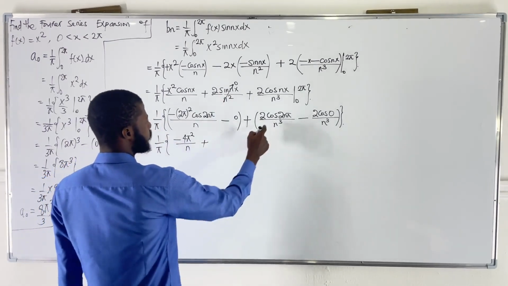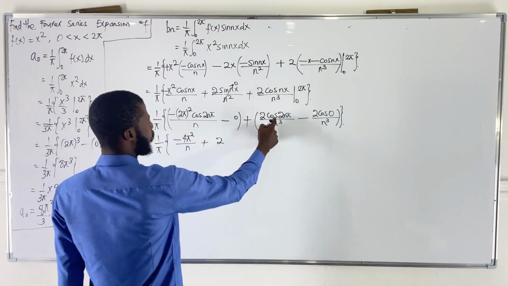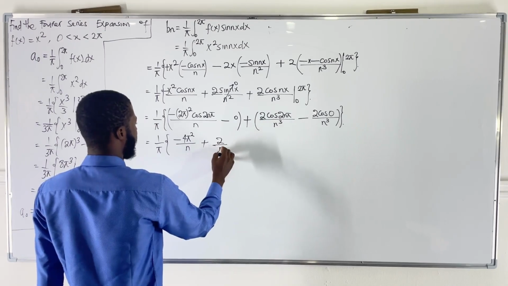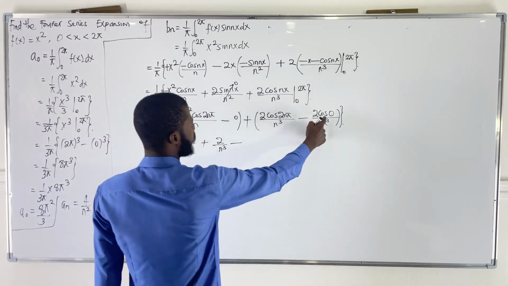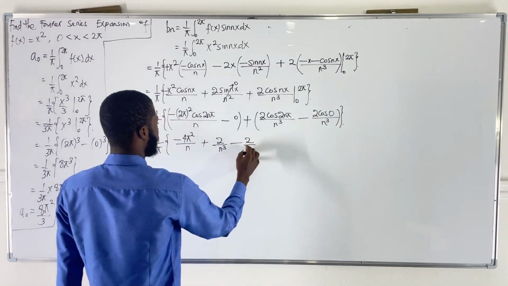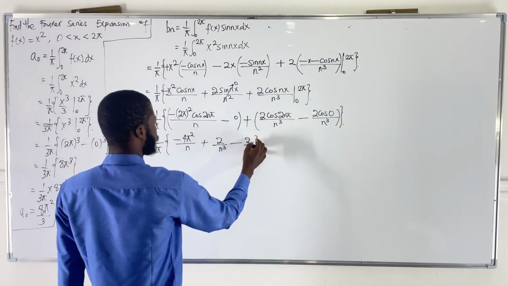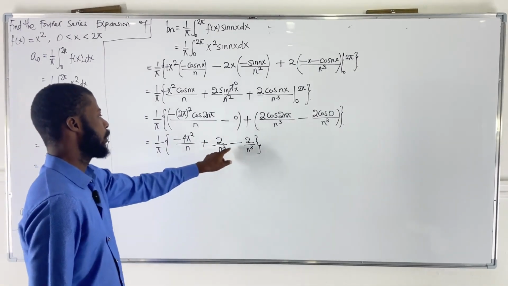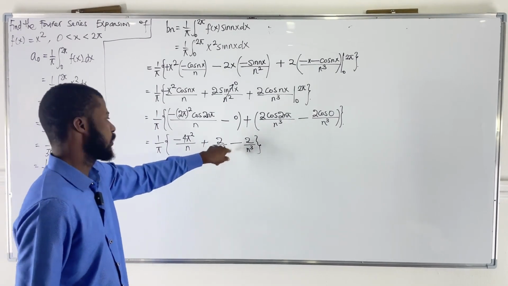Then plus, this is 2. Cos 2n pi again is 1. 1 times 2 is 2. So this is just 2 over n cubed. Minus, cos 0 is also 1. 1 times 2 is 2, divided by n cubed. So that's what we have. As you can see, 2 over n cubed minus 2 over n cubed is gone. So this guy is gone.